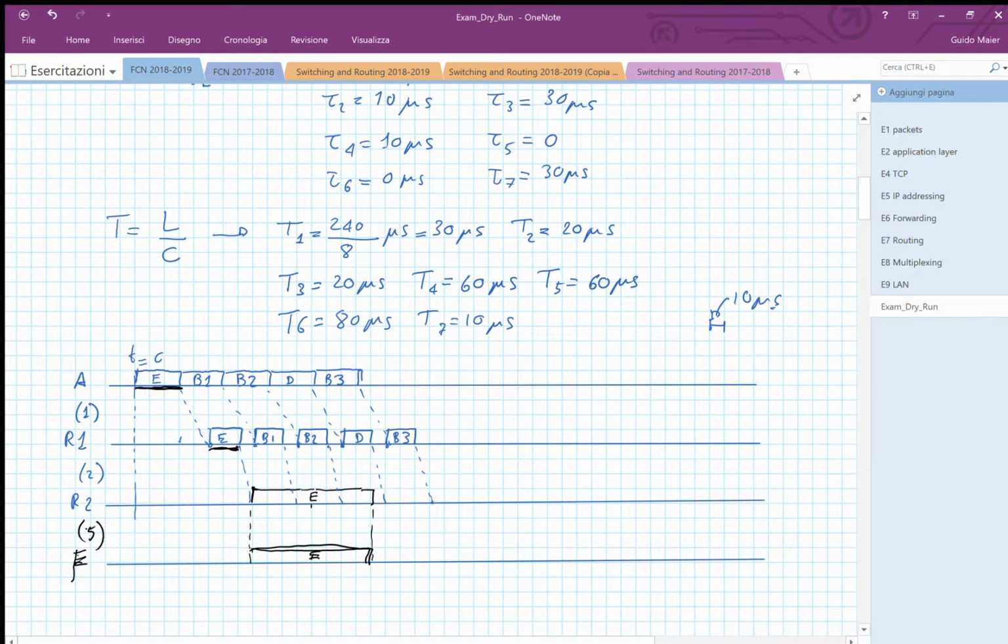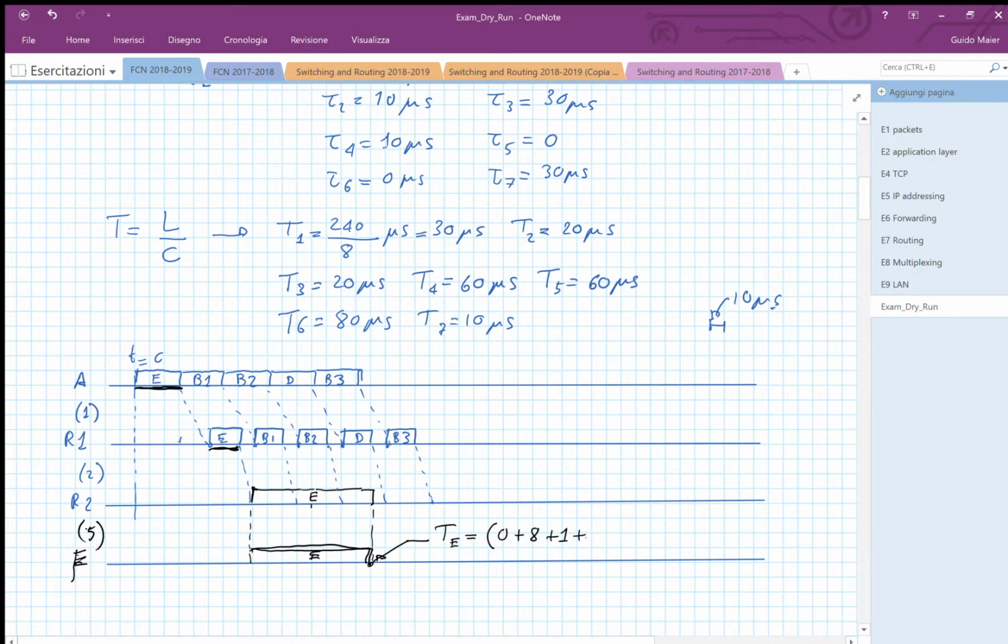So this is the end of the propagation for the packet destined to E, and we can calculate the total time. In order to calculate it, we have to sum all the segments. We can start from this final point here. We don't have any propagation delay on the final link, so it's a 0. Then we have 80 microseconds here, so 8 squares. Then we have a propagation delay of 1 microsecond.